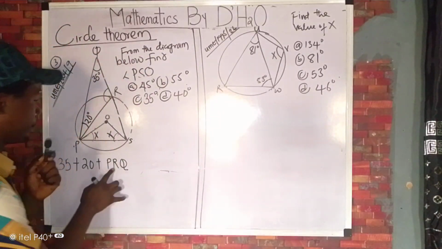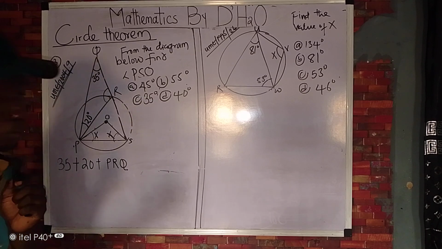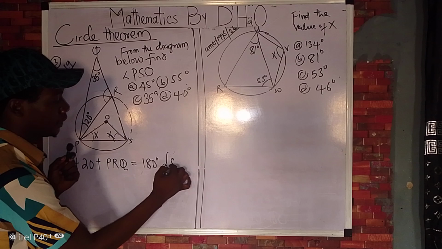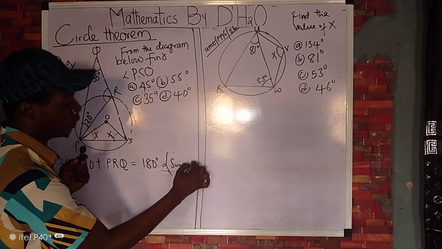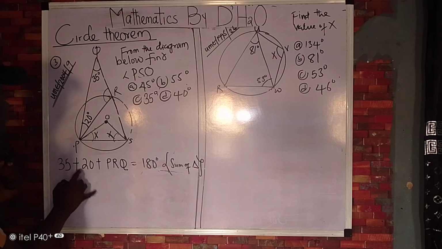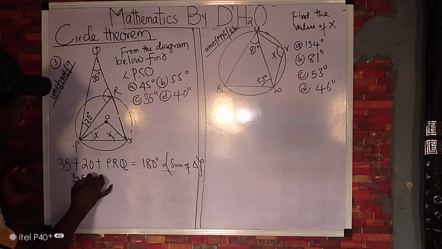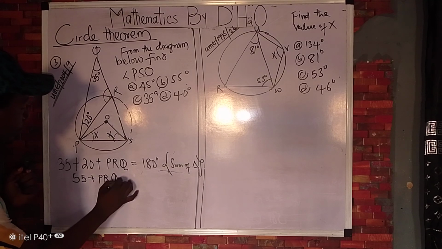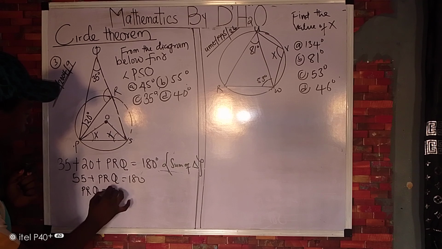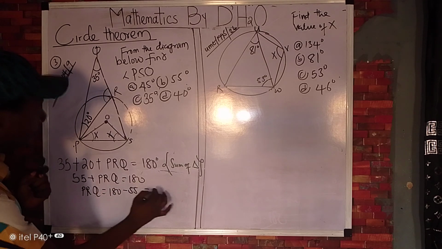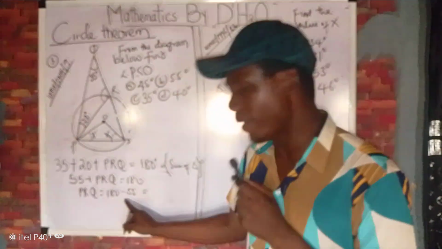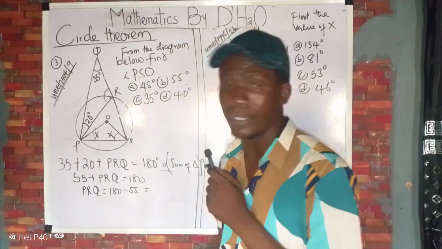They did not tell us to find this one, but we need it to solve our problem. Remember, it is the sum of angles in a triangle. That is your reason. Now, this plus this will give us 55 degrees plus PQ equals 180 degrees. PQ will give us 180 minus 55. And what would that give us? 135, right? 180 minus 55 will give us 135.